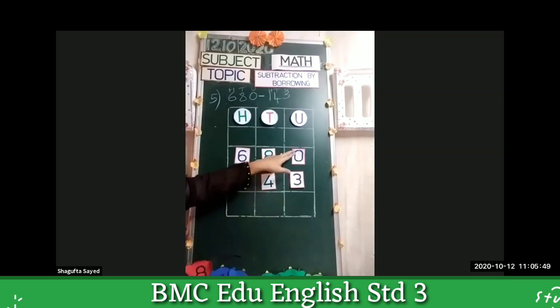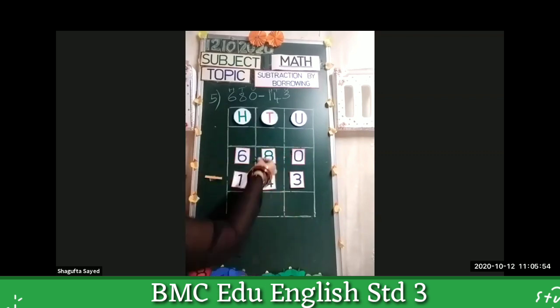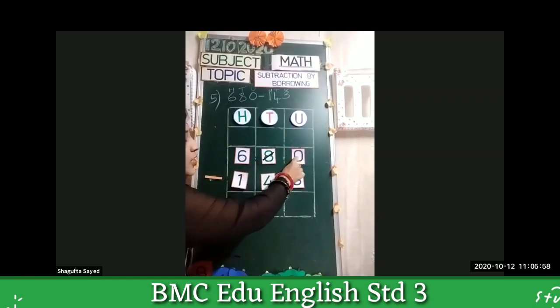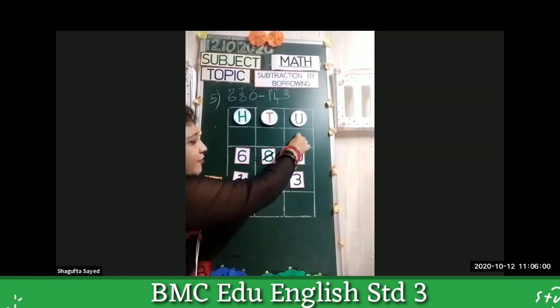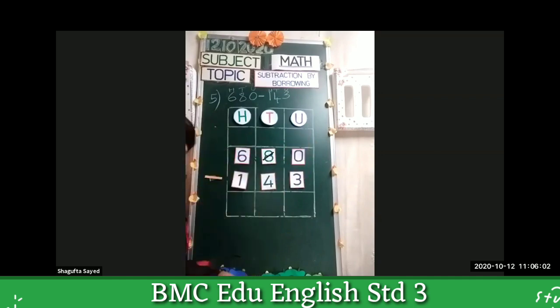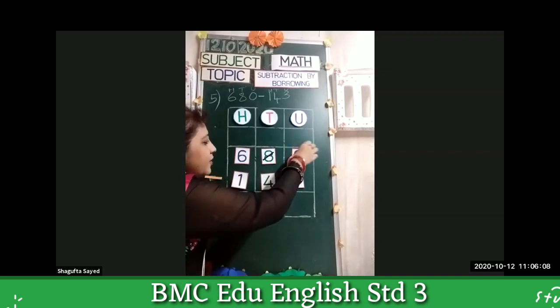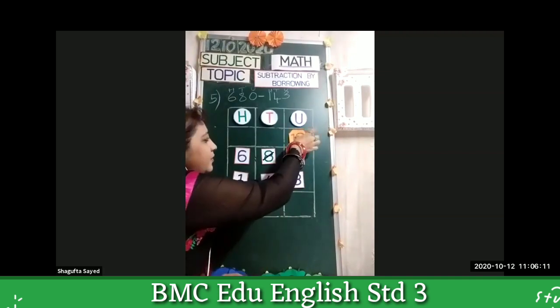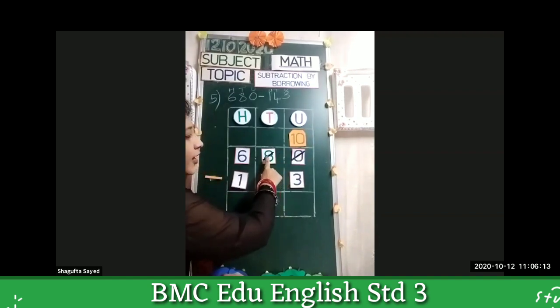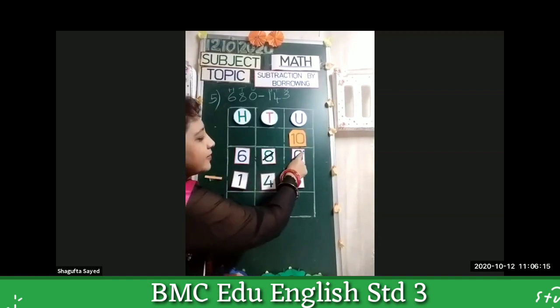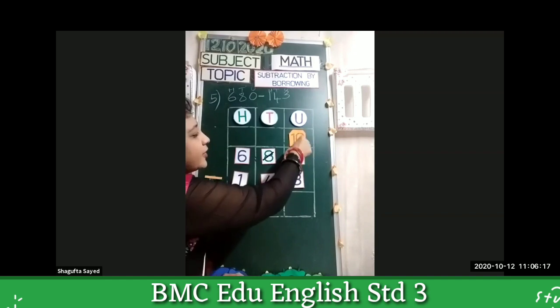So, from 8, we are going to cut this 8 and we are going to give 1 to 0. If I write 1 here and write 0, it becomes what? Yes, very good. It becomes 10. Out of 8, I have given 1, and I have cut this 0 and written it above.